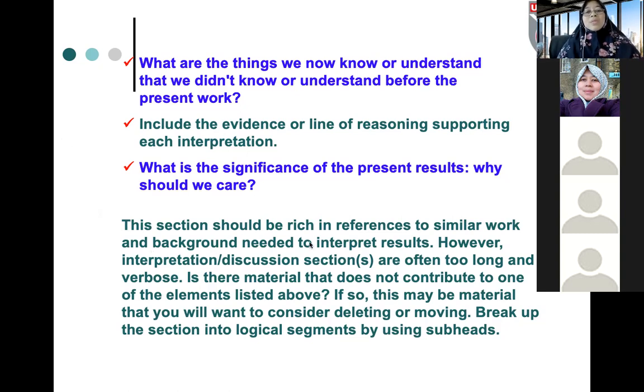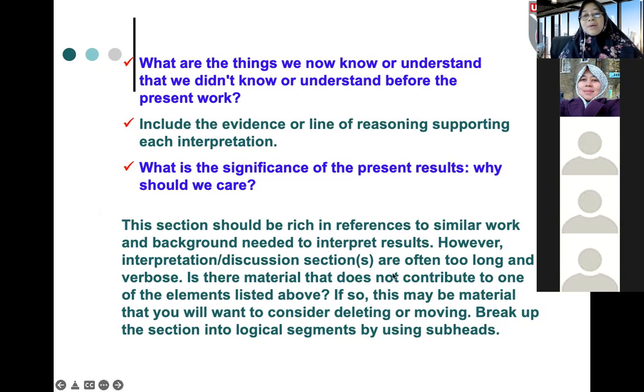This section should be rich in references, of course, to similar work and the background needed to interpret results. So this section should be full of previous work, citations, and background, which means the theories, the laws, the knowledge, the textbook material needed to interpret results.